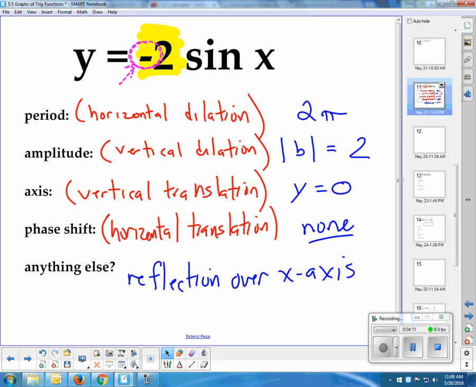So now we know that we have the important characteristics of our graph. We're going to have a period of 2 pi with no phase shift. That's all our horizontals. The axis of the wave, that horizontal midline of the wave, is going to be the x-axis, but with an amplitude of 2 and a reflection over the x-axis.